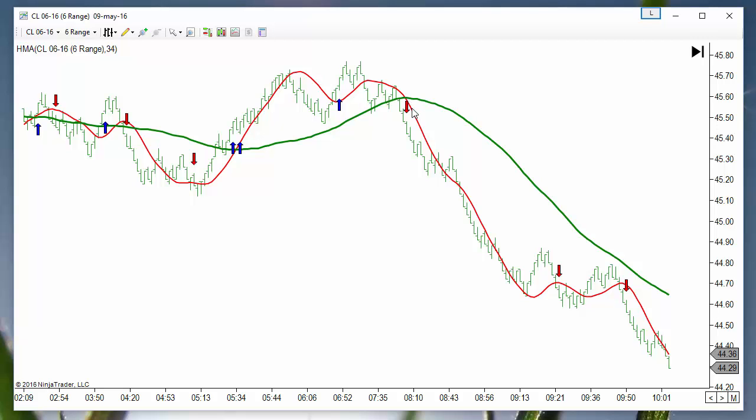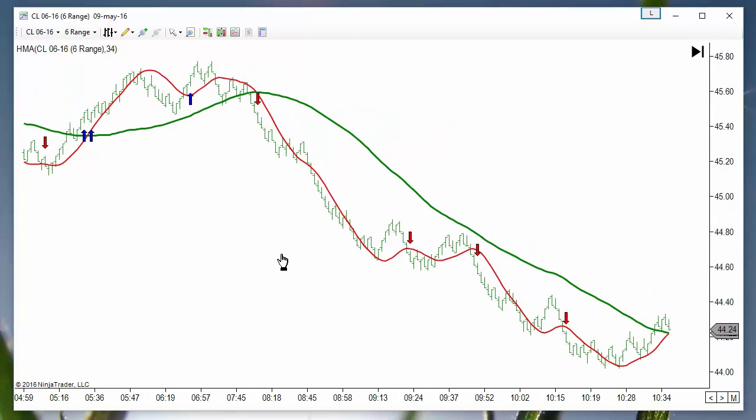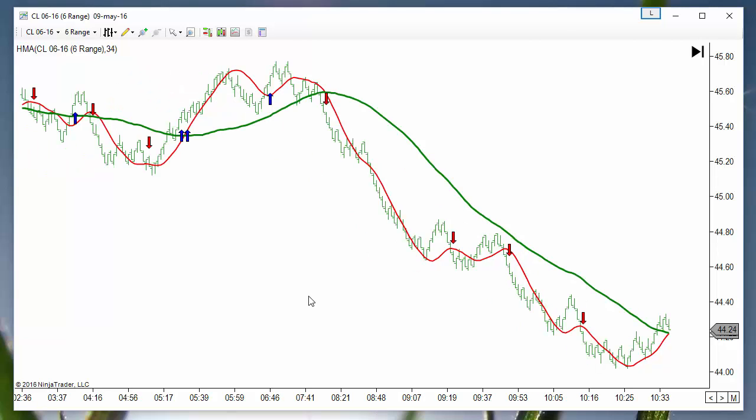Here we have both slopes negative, and we have a pullback. On this point, the red line has a positive slope, so the condition is reset, and then we get a new signal here. Same happens here and here, after each pullback.